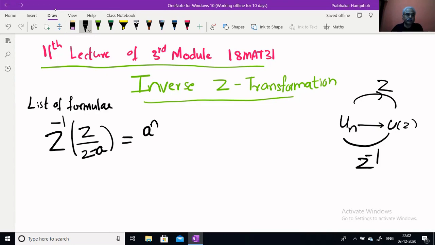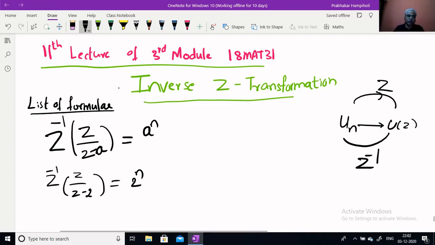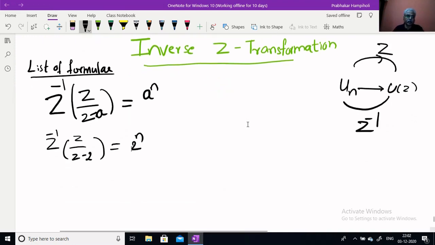Let me remind you that, for example, Z inverse of Z by Z minus 2 is 2 raised to n. We used to write its reverse, that is, Z transformation of 2 raised to n is Z by Z minus 2. Let us get used to the reverse process. It will take little time. Z inverse of Z by Z minus 6 is 6 raised to n.